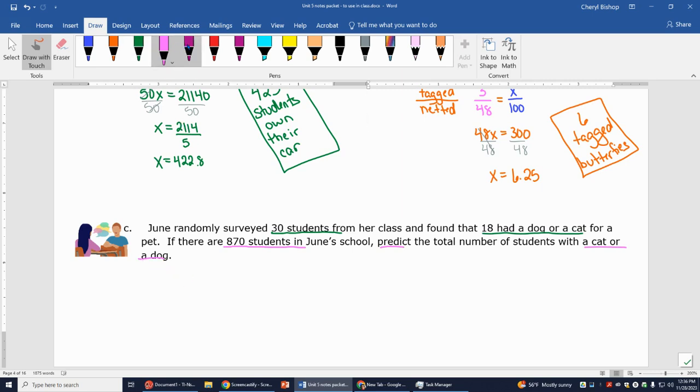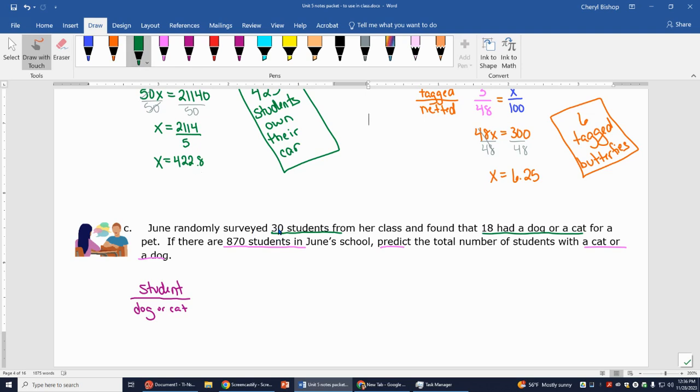Okay, so the two things we're comparing are going to be students. This time it is students that we're asking, right? And then how many have either a dog or a cat? So that's how I'm going to set up my ratio. Students to basically I have a pet, a dog or a cat. Okay.